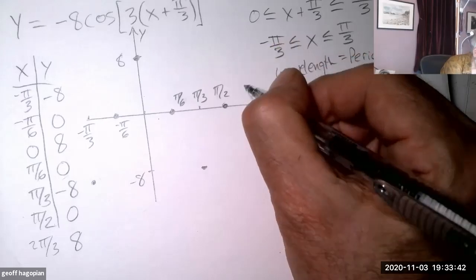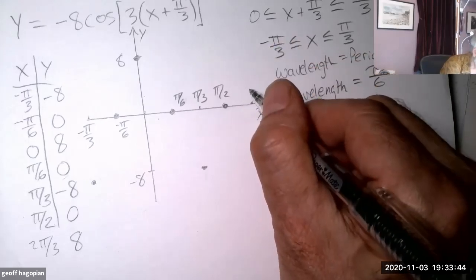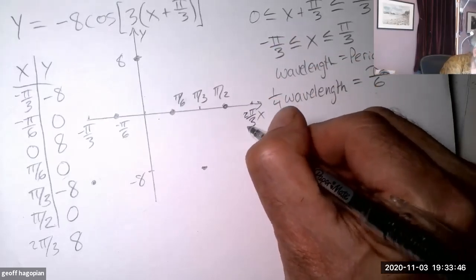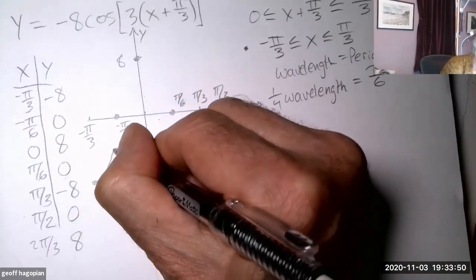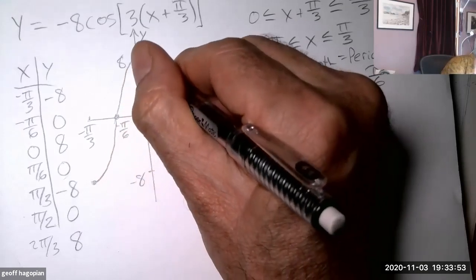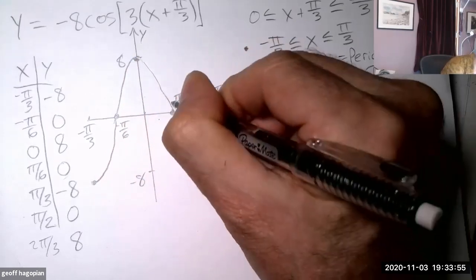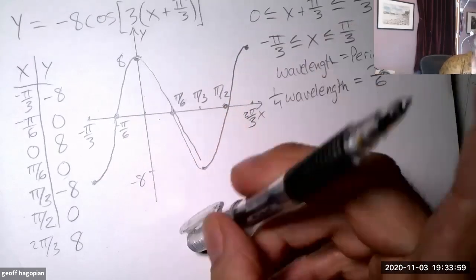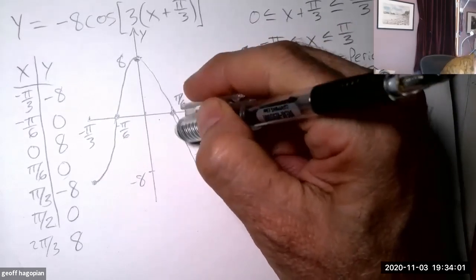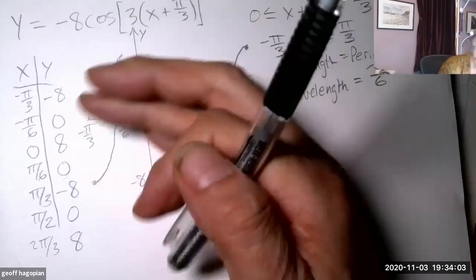And this is then 2 pi over 3, right? I will be back up at 8. So the curve is going to look like this, right? Okay. That look convincing?